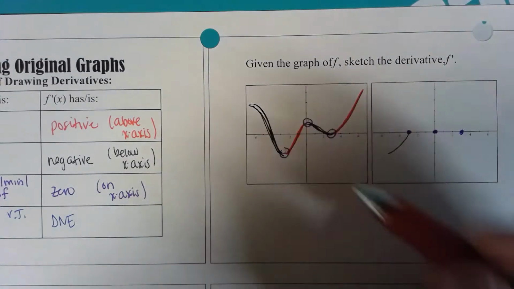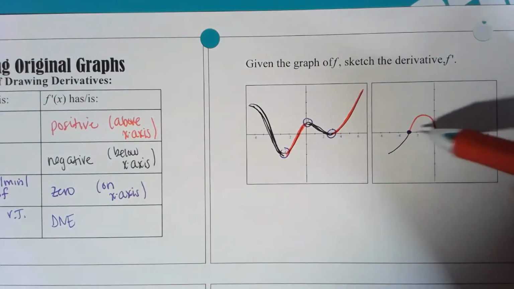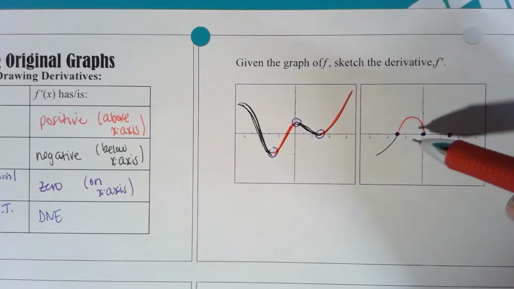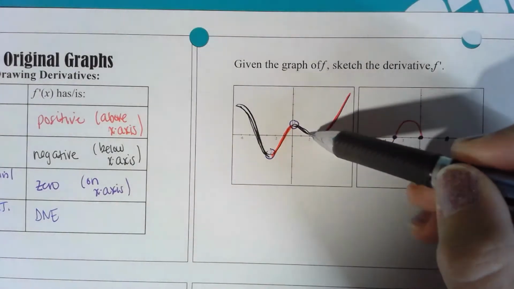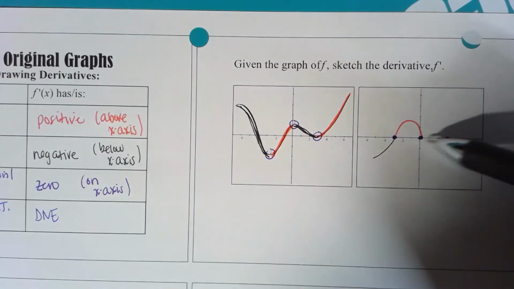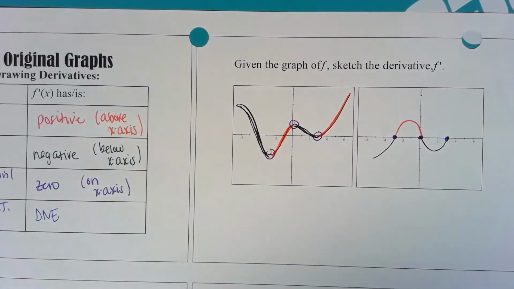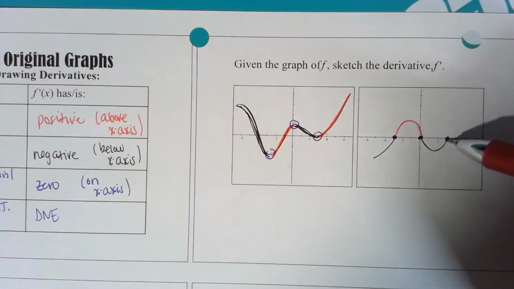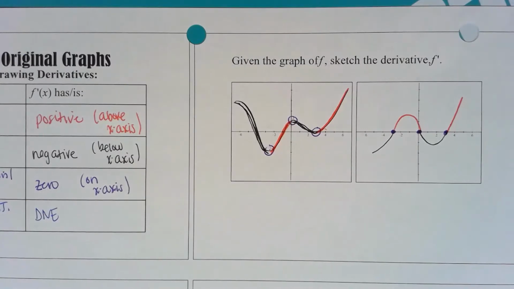My graph is increasing between this point and this point, so my derivative is positive. I still have to connect those two points; I just know I want to be above the x-axis. My graph is decreasing again, so to get from here to here, I want to be below the x-axis. And then my graph is increasing, so I want my derivative to be above the x-axis.